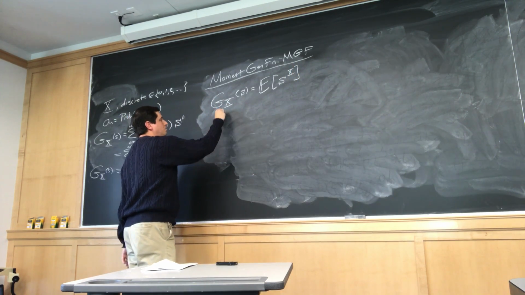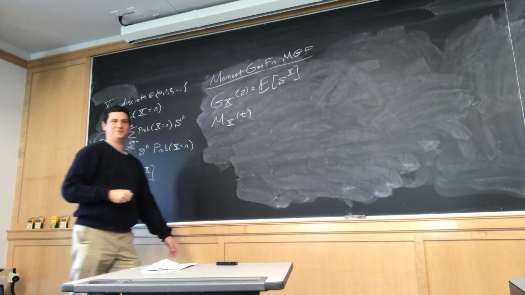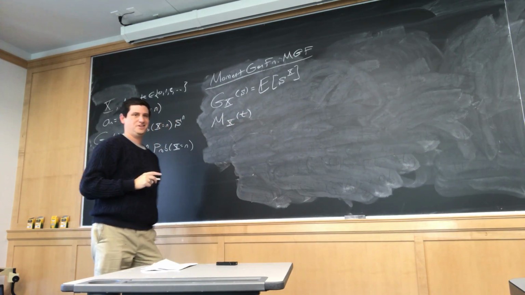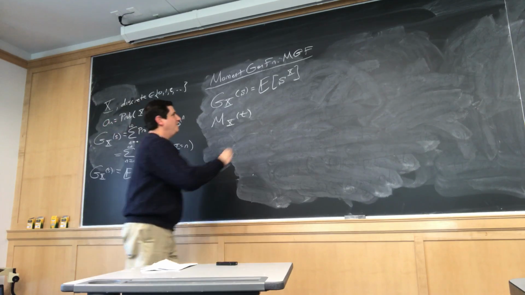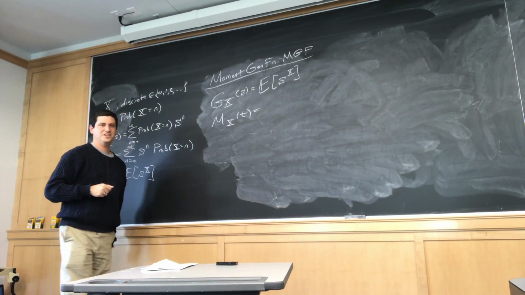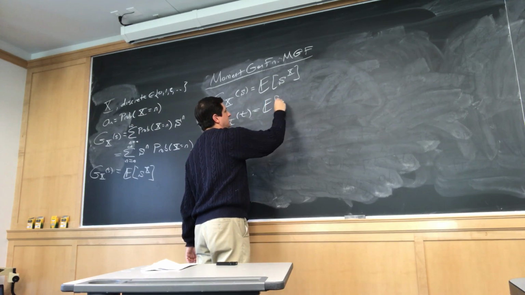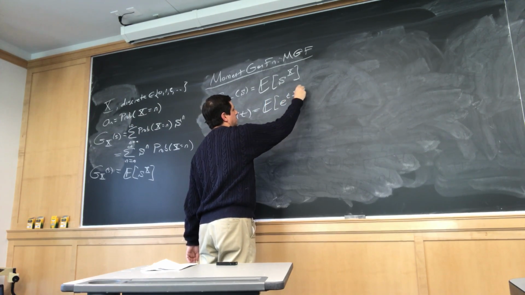The moment generating function of x at t, we use a different letter. Yes, thou shalt not use s. Probably because the moment generating function is nicer and I'd much rather write a t than an s, because s's can look like 5s. It's the expected value of e to the tx.